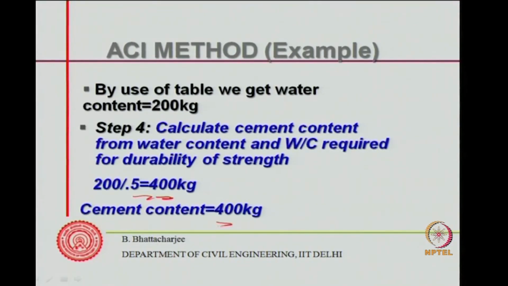So cement content is 400 kg, and I have to check whether it is more than required for durability, which it actually is, because for this condition IS 456-2000 gives much less cement. So 400 kg of cement with 200 kg of water is what we have got so far.